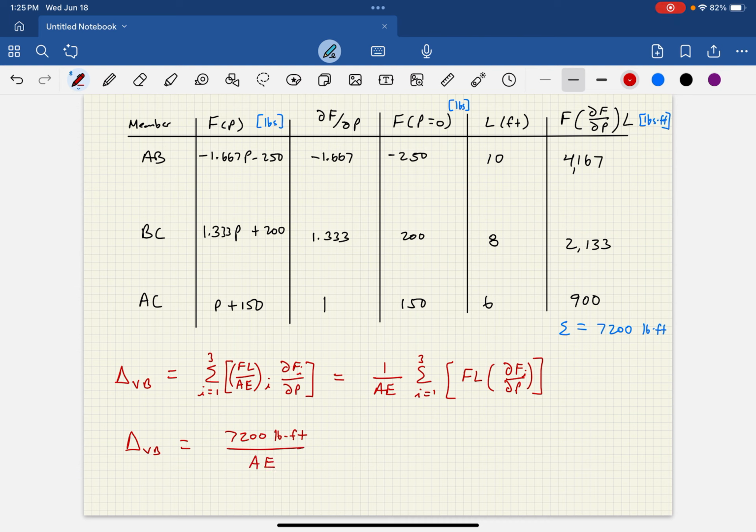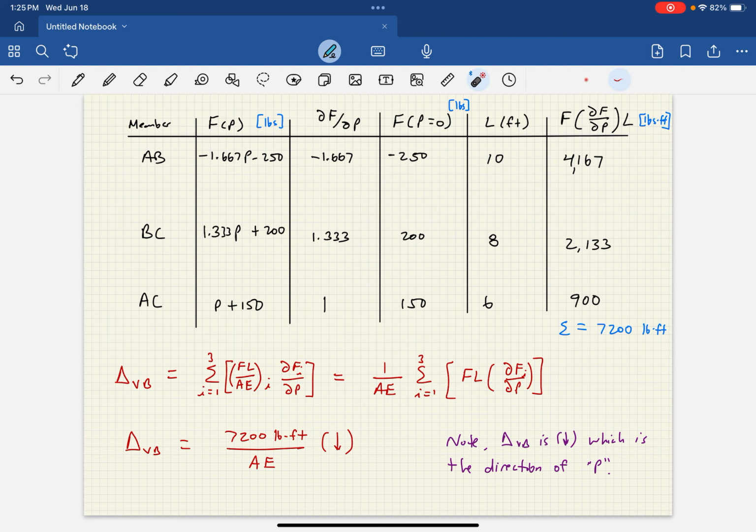And it came out positive, which means this is displacing downwards, which is the direction that we placed P. Okay, so we'll make a little note here. Note: delta VB is downwards, which is the direction of load P that we put on the system earlier, okay?